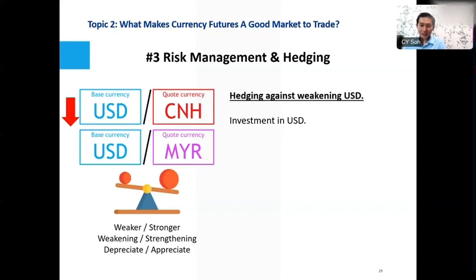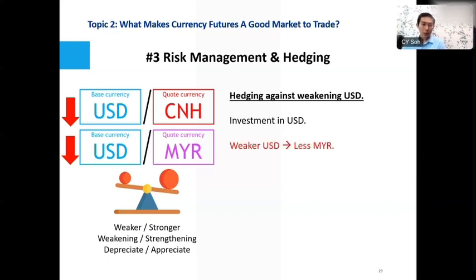However, the challenge here is what happens if your US dollar portfolio is coming down? Yes, your ringgit is strengthening. However, you will be converting back less ringgit. So in other words, when the US dollar comes down, it is something that we do not want.